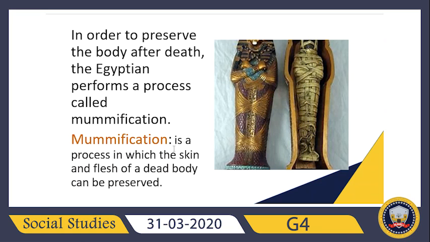So the meaning of mummification is a process in which the skin and flesh of a dead body can be preserved. We can see on the screen the way they wrap the dead body to preserve it, so the body won't decay.